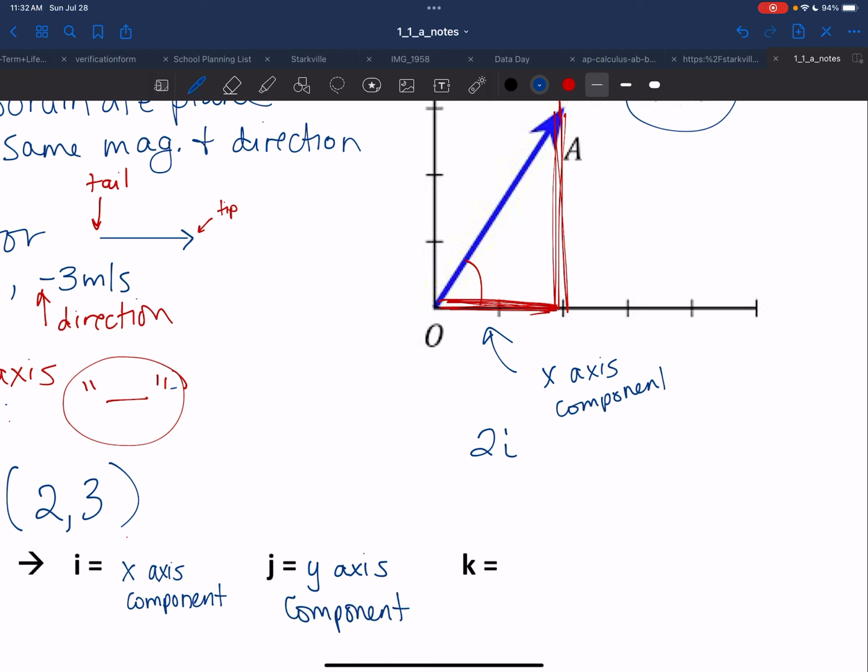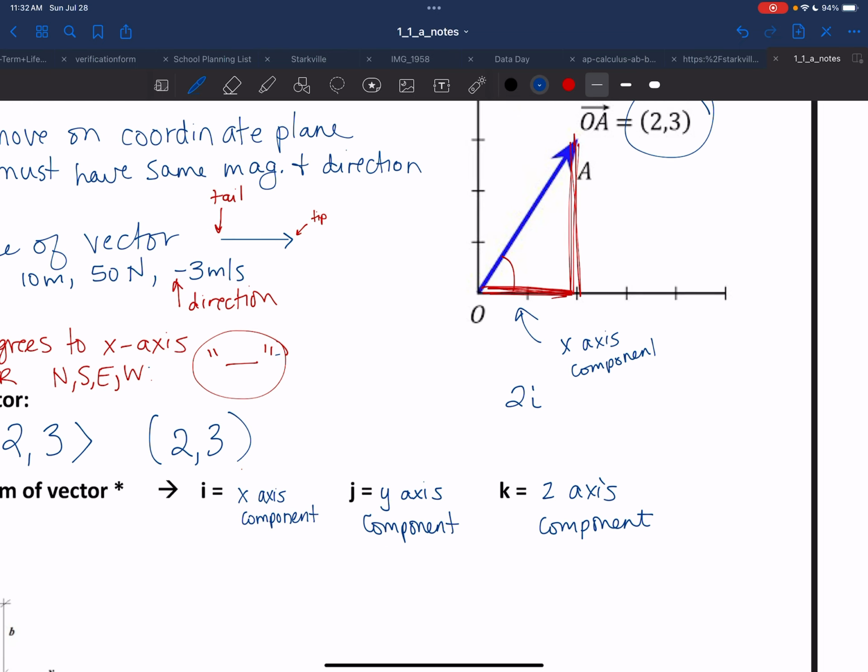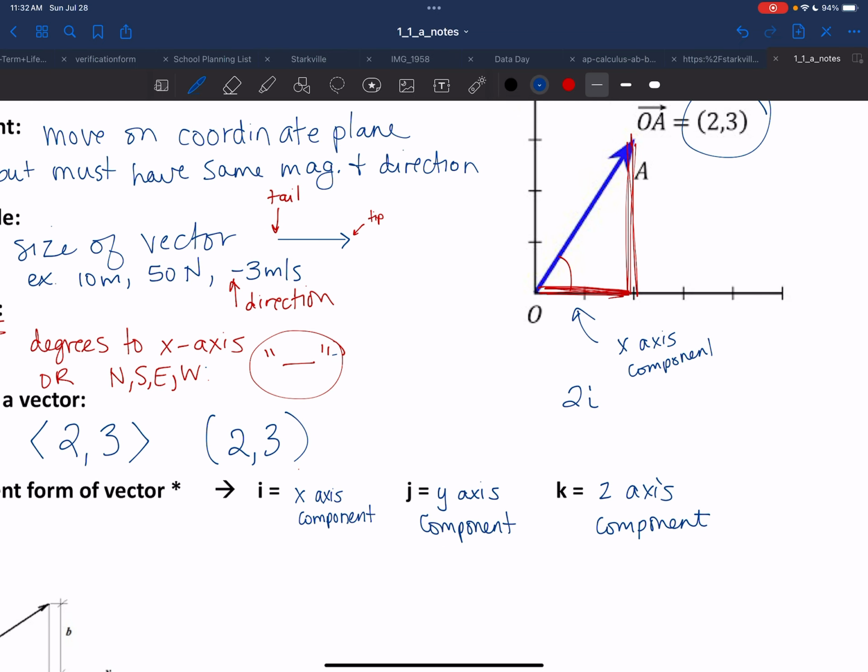And k is going to be my z-axis component. We're going to go ahead and talk about that. You will not be responsible for finding the direction of a z-axis, but we'll definitely find the magnitude. All right, so i, j, and k.